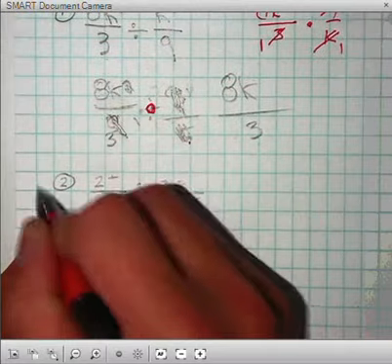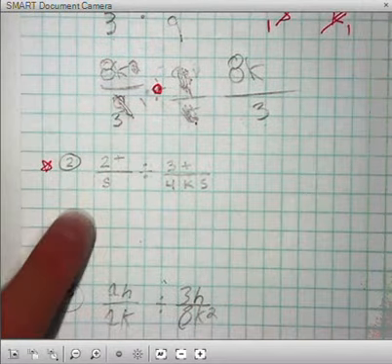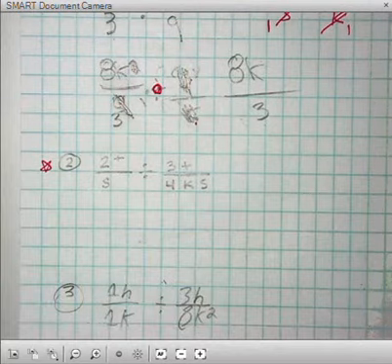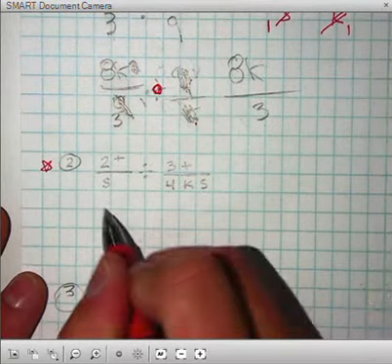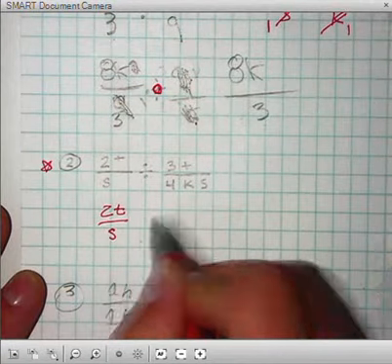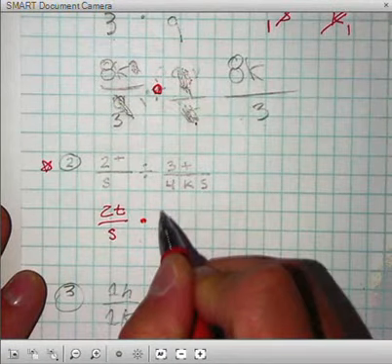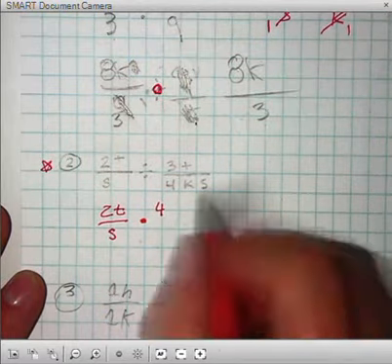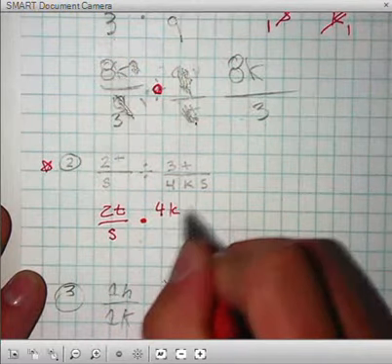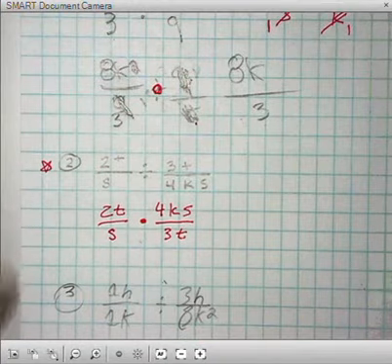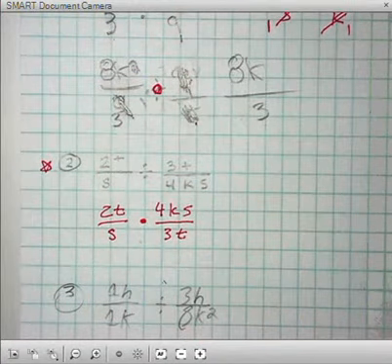Let's look at our second one. Work this one out. Is number 2 going to work? Take a look at it. Copy, change, flip. It's a T, isn't it? Okay. 4ks over 3t. Is that going to work? Yeah.